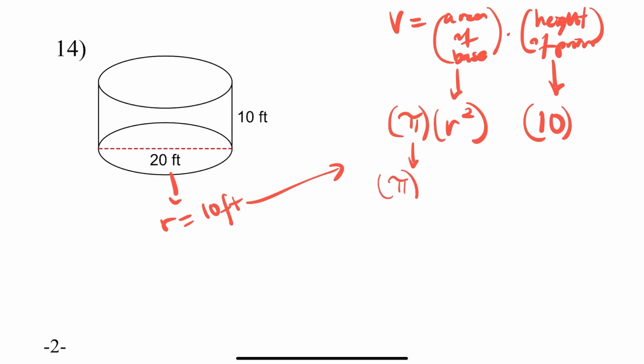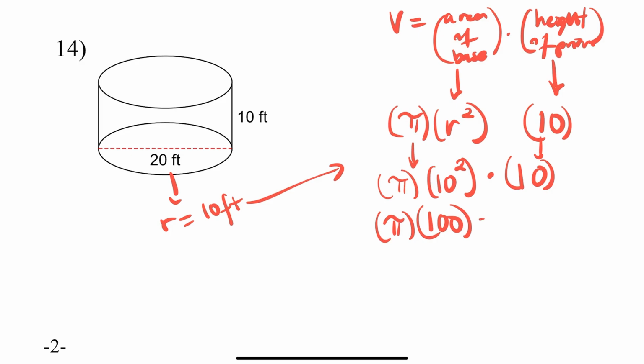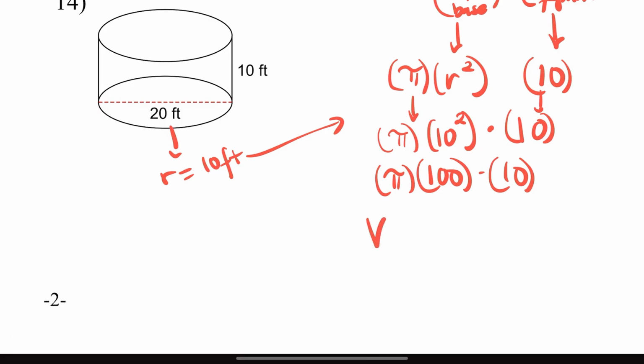So here's pi, I'm going to keep it by itself. Radius is 10, we're squaring it. And I'm also multiplying by 10, which is the height of the cylinder. So that's pi, this is 100. Here is 10 again. I can multiply the two. We're finding volume.